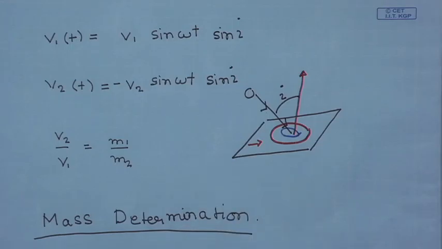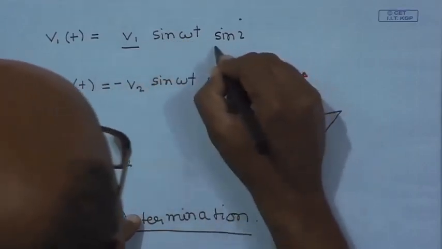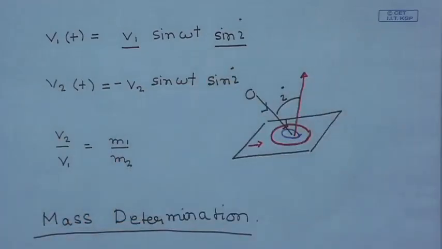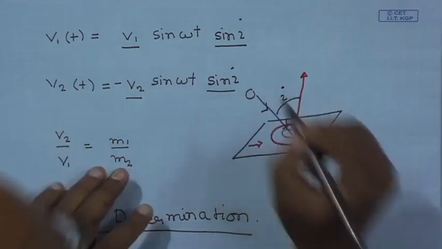Now, the first point that we have to realize is that from the observation of the velocity curve, the observer gets the Doppler shift of the spectral lines, and from there the observer determines the line of sight component of the velocity, and from the peak value of this velocity curve, the observer can actually determine the combination V1 sin I, the sine of the inclination angle, for the first object, and V2 sin I for the second object.